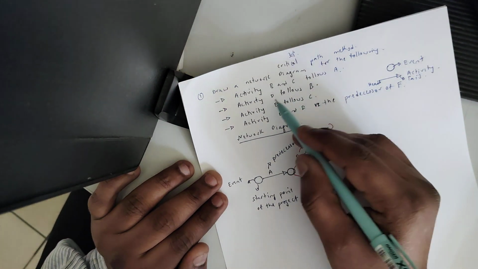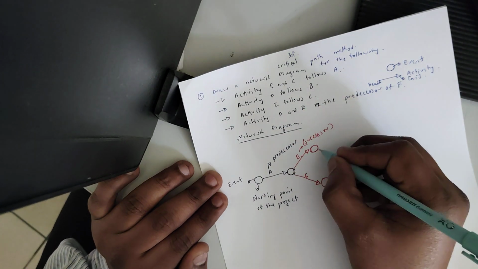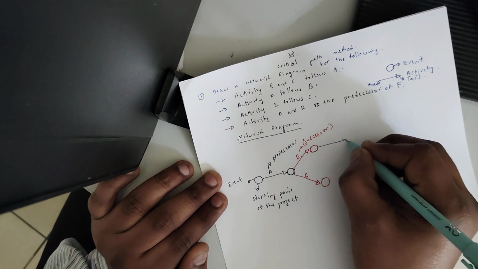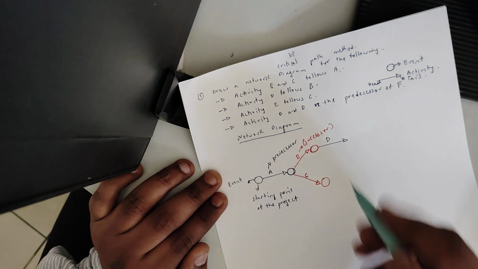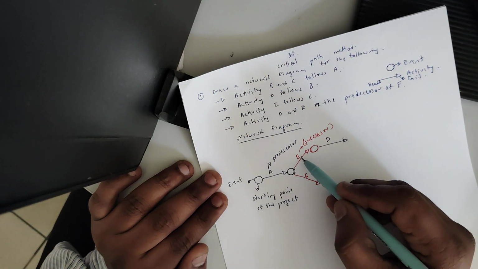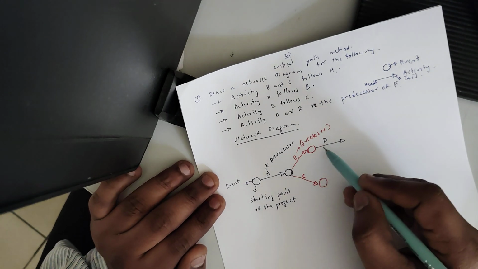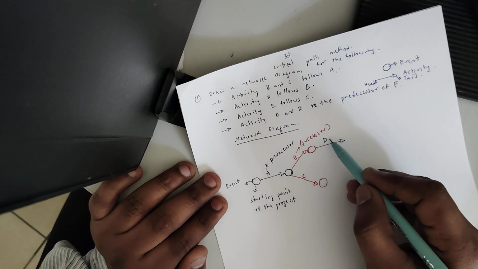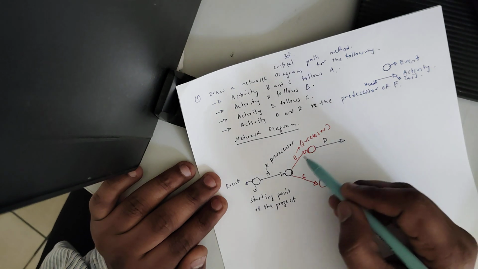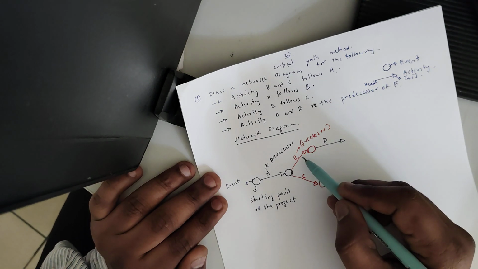Now activity D follows B, so this is the activity D. If D is the successor, then B becomes the predecessor. Remember this. Once activity B is completed, next we go for activity D. So D is the successor and B is the predecessor.